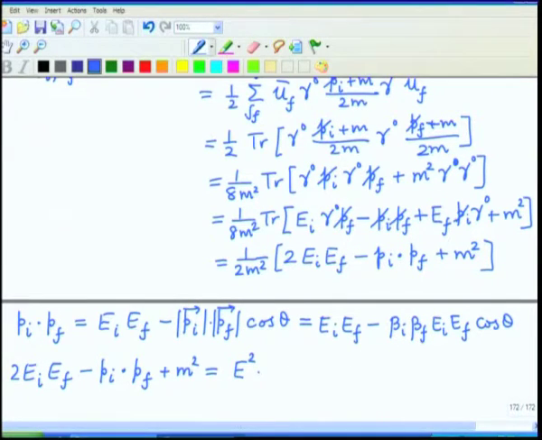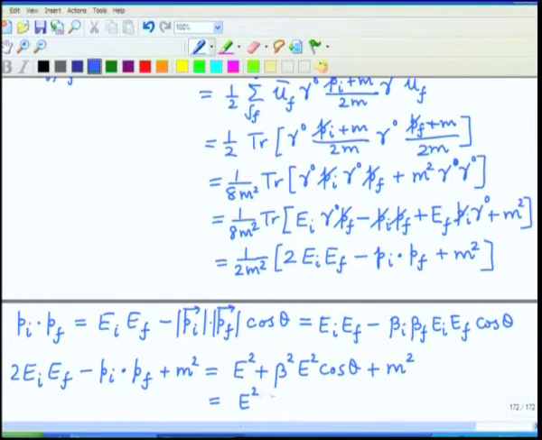The second term becomes plus beta square E square cosine theta, and then the last term is plus m square. Now, cos theta can be written as 1 minus 2 sin square theta by 2.